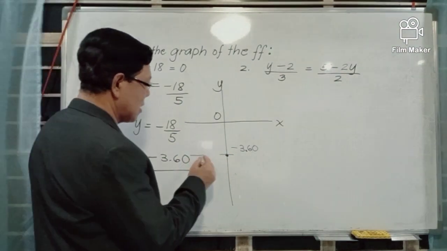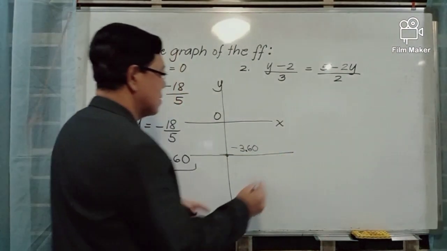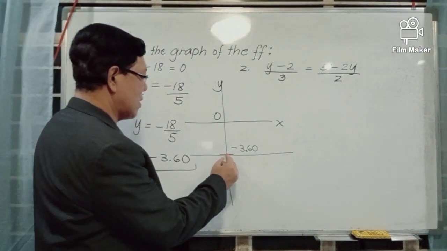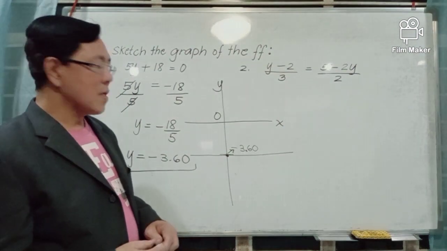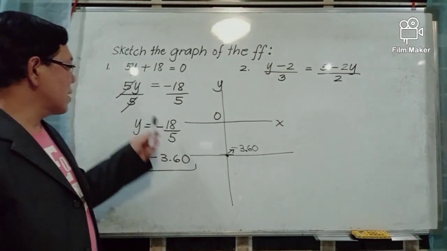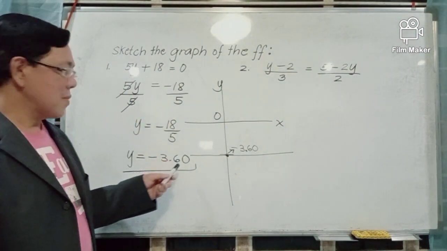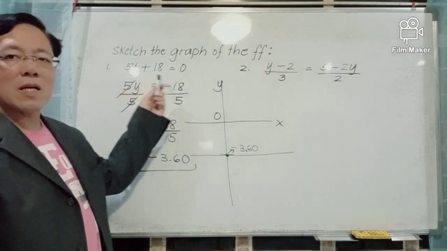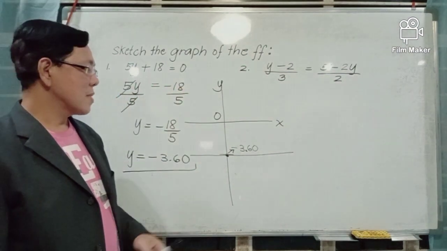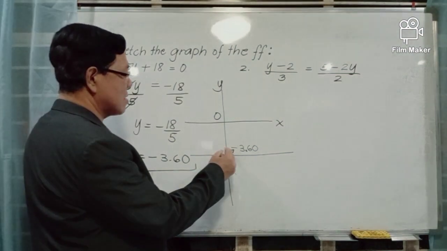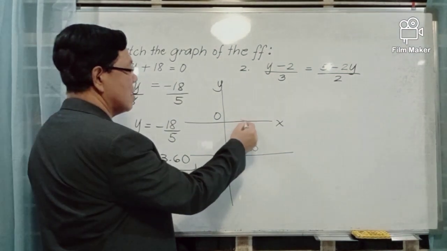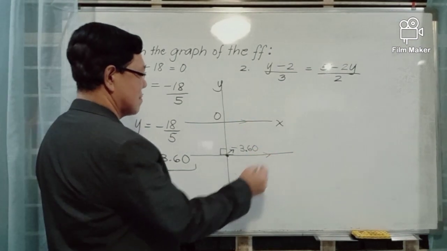Thus, you construct a horizontal line passing through this point, negative 3.60 or negative 18 over 5, the solution of this linear equation in y. And this horizontal line is perpendicular with the y-axis and parallel with the x-axis.